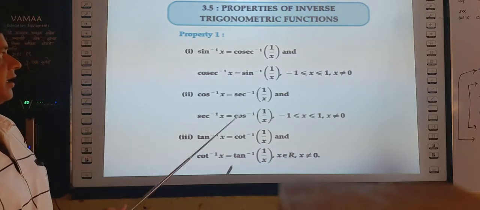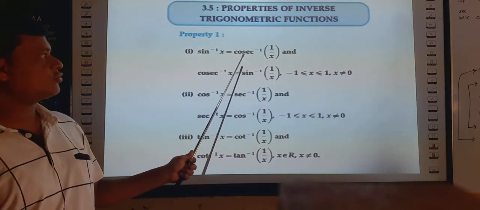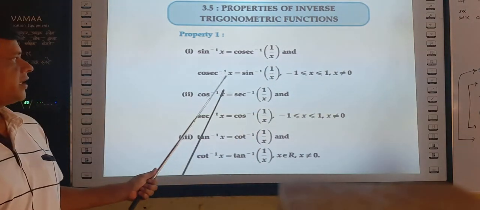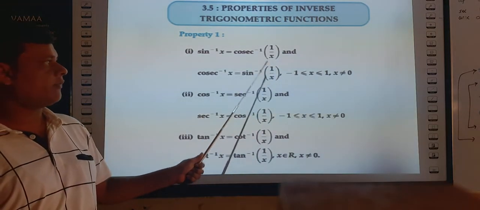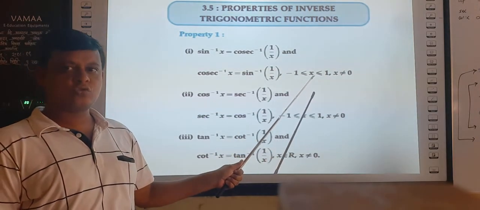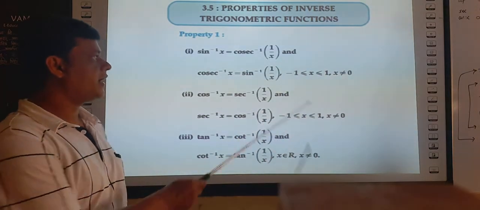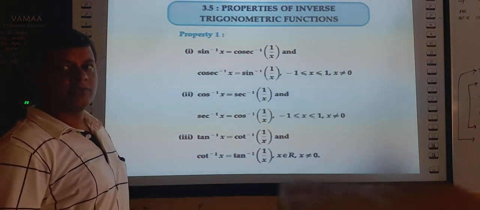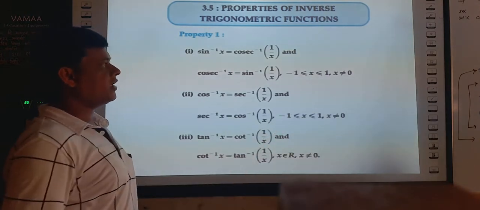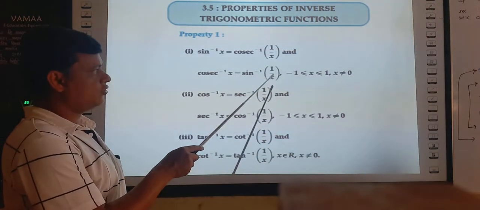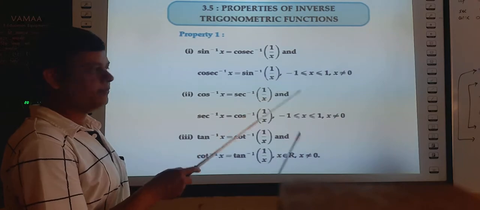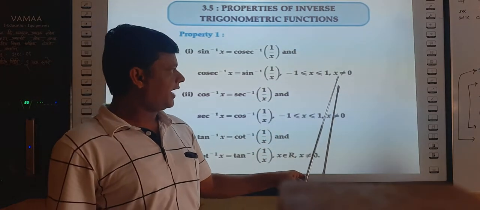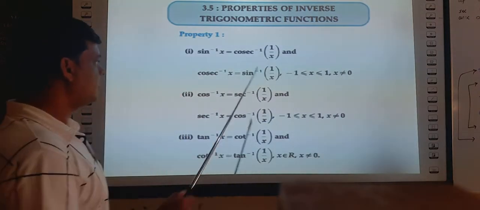The first property is sin inverse x is equal to cosec inverse of 1 by x, and cosec inverse of x is equal to sin inverse of 1 by x, where x lies between minus 1 and 1, including -1 and 1. x is not equal to 0, because 1 upon 0 is not defined, so you must note that x is not equal to 0 for this property.